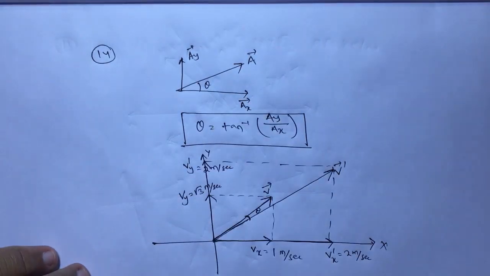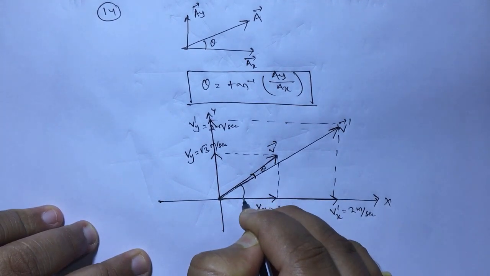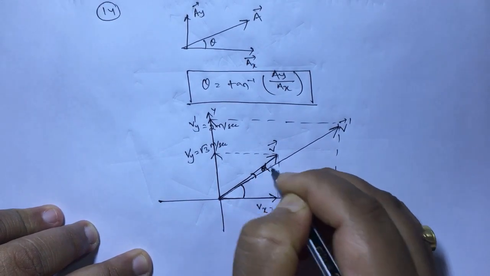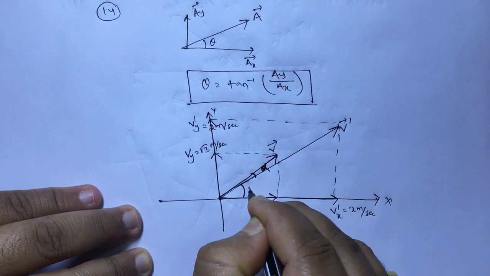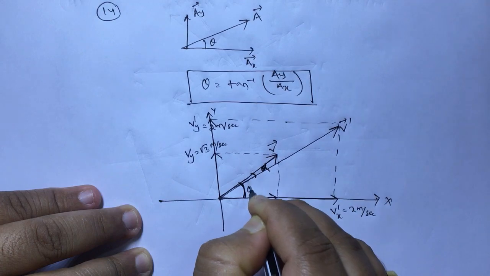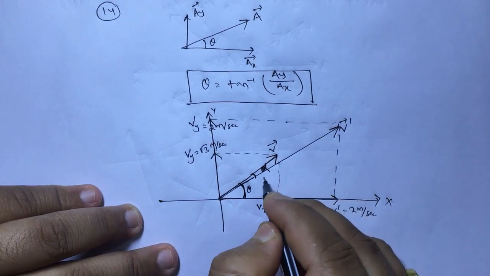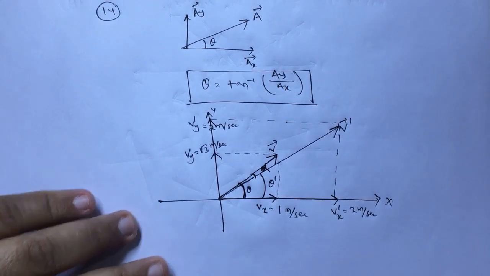Now let us use this formula to find the answer. First let us find what this angle is. Let the angle we have to find be alpha. The question is to find the value of alpha. Now this total angle is theta, the angle made by the first vector with the x axis, and the angle made by the second vector with the x axis is theta dash.